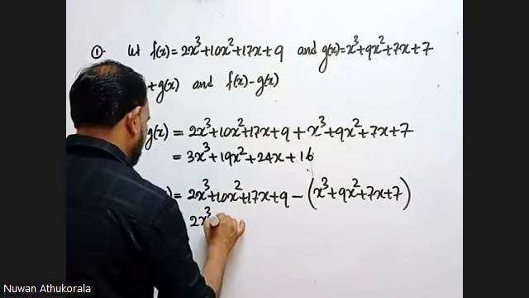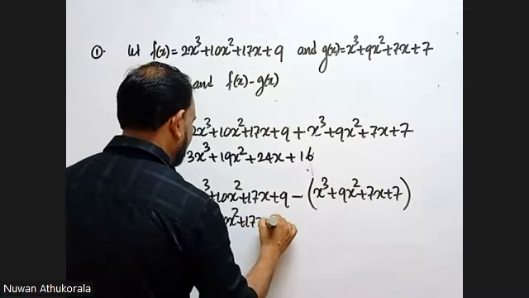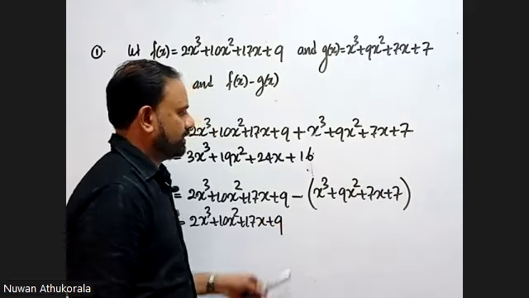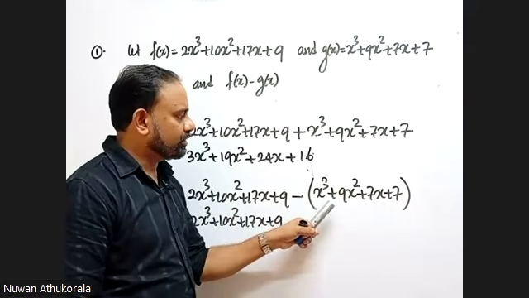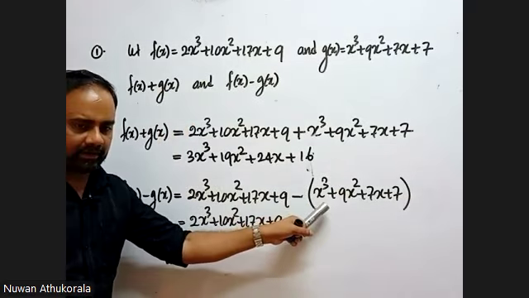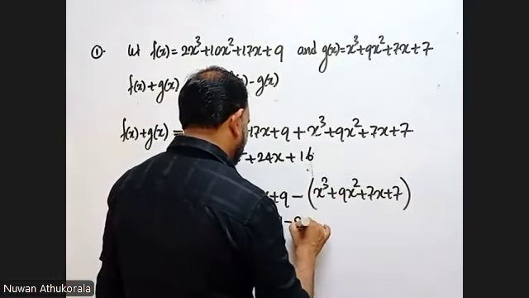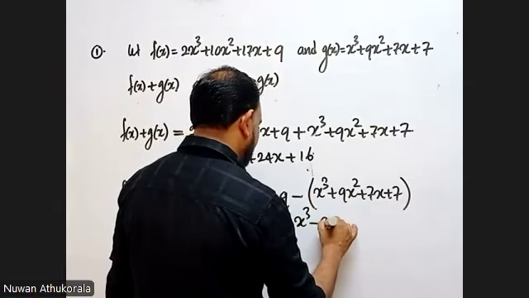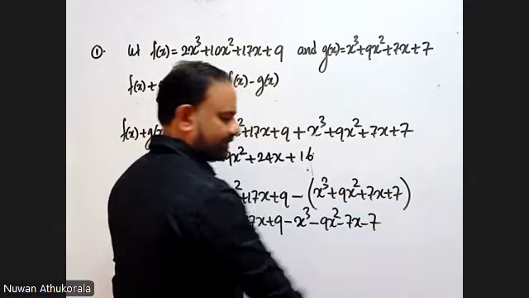All terms of the function g(x) should be multiplied by minus 1. x cubed becomes negative x cubed, negative 9x squared, negative 7x, negative 7.